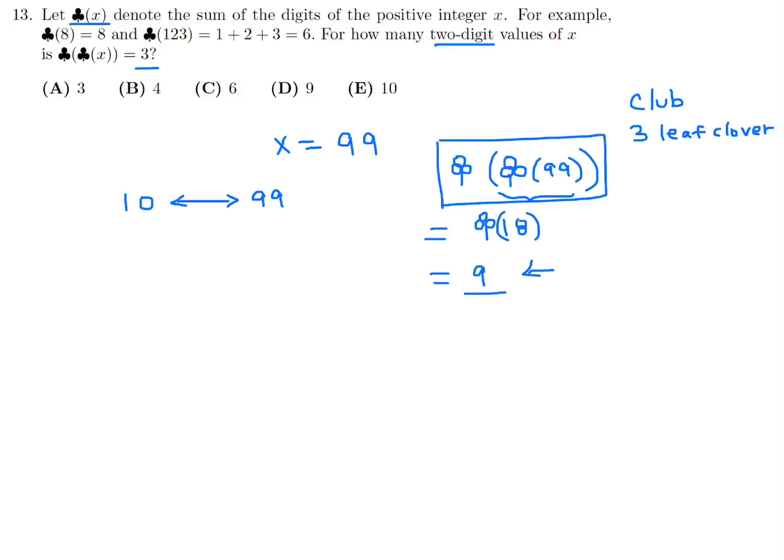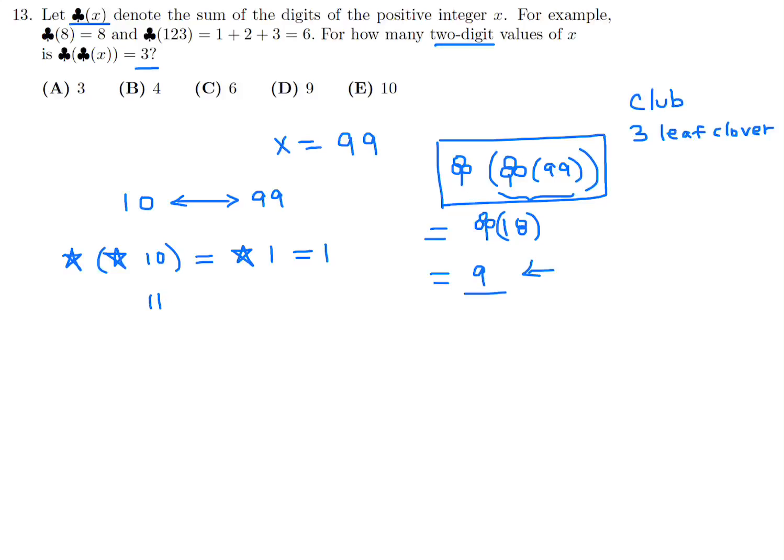So let's start with 10, and we can do this pretty quickly. For 10, I'm just going to use a star, it's easier for me. The sum of the digits of 10 is 1 plus 0, which is 1. And then the sum of the digits of 1 is just 1. That doesn't give me a 3.